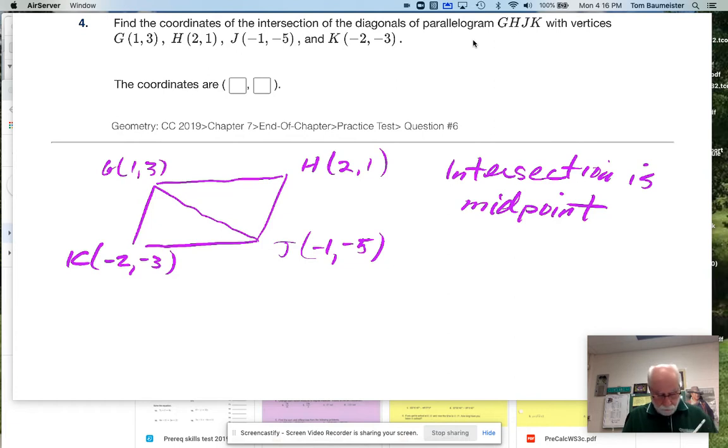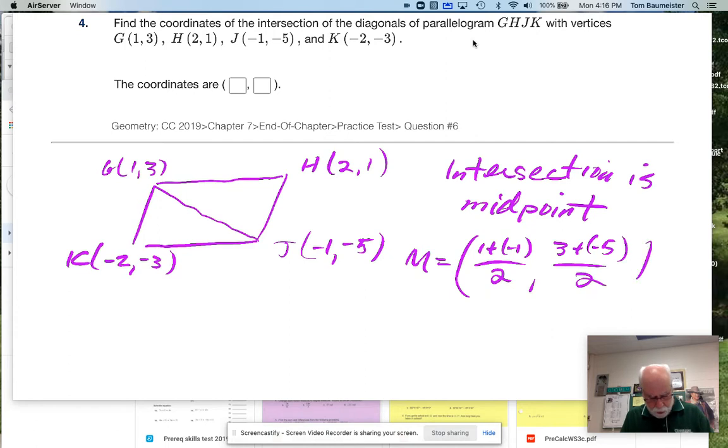All right. And then remember the midpoint is equal to the sum of the x's, so that'll be 1 plus -1 all over 2. And for the y's, it'll be 3 plus a -5 divided by 2.